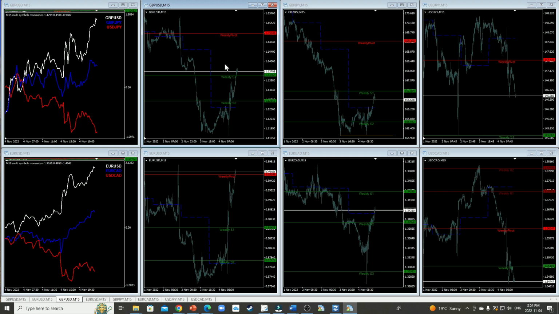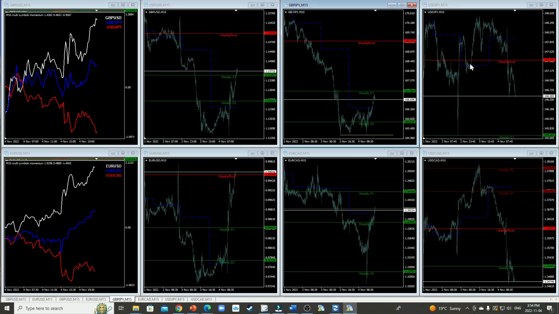Your goal is to identify which one of the three is moving more sideways than the counterparts. In this case, we have the pound US, the pound yen, and because you have the USD and the JPY here, we use that currency pair as the third one.